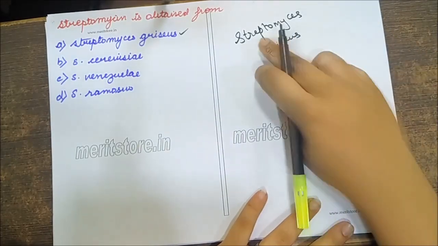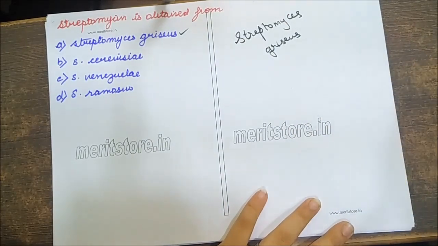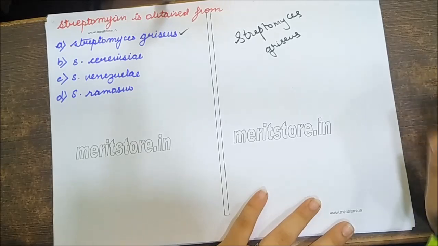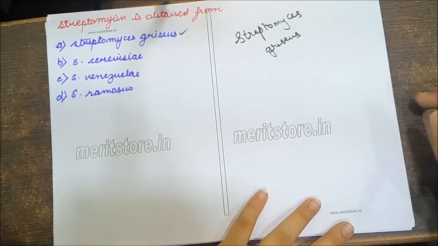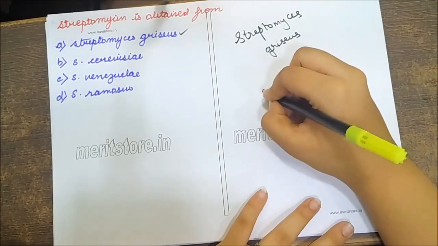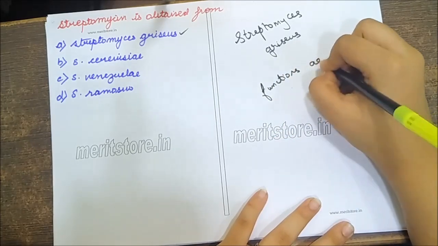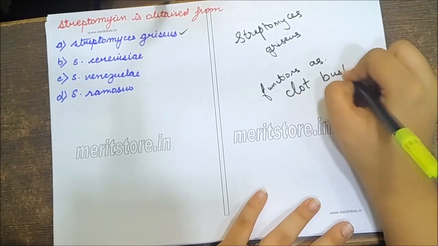Let's know how. And let's know what Streptomyces grassis is. It is an enzyme obtained from the cultures of some hemolytic bacterium, that is Streptococcus, and modified genetically to function as a clot buster.